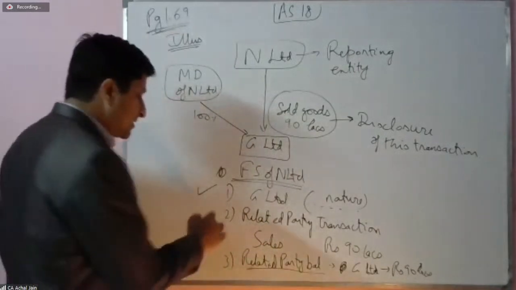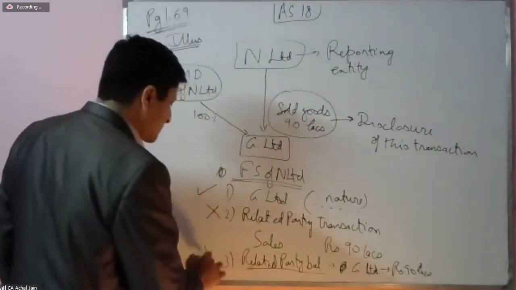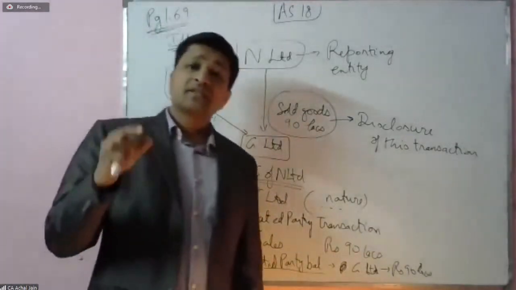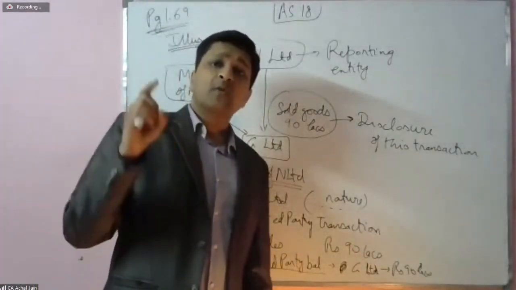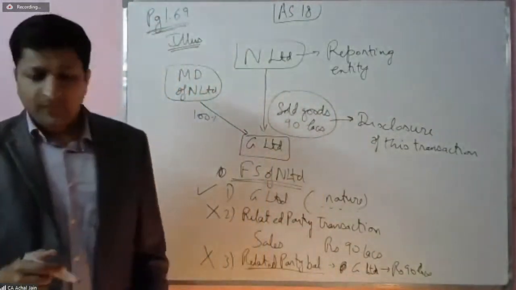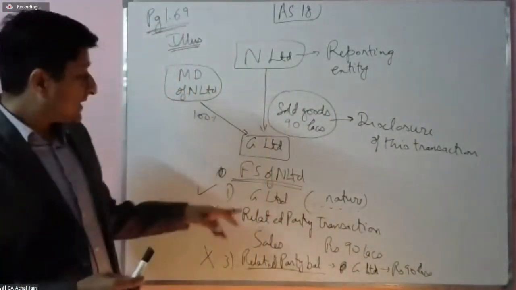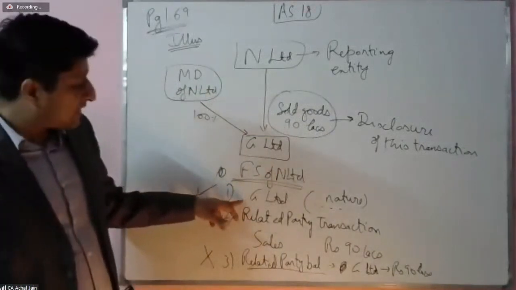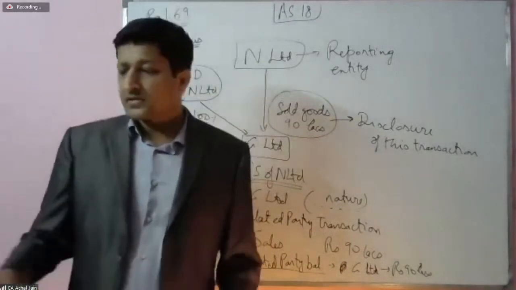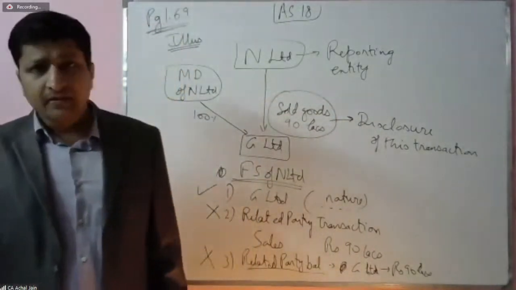But this is something which is required only when control is established. If it is through significant influence, then this disclosure will be given only when there is related party transaction or balance. Clear?